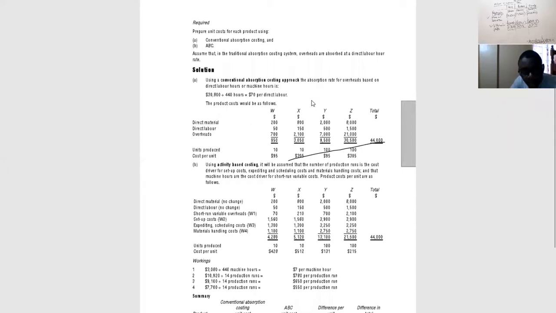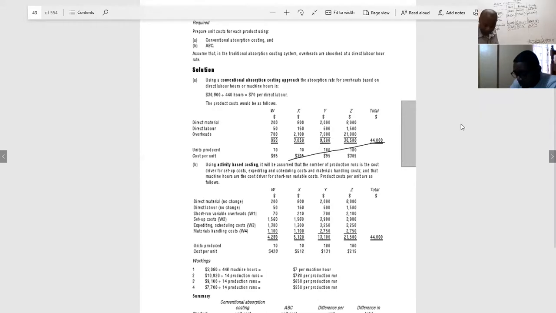Assume that in the traditional absorption costing system, overheads are absorbed at a direct labor hour rate. Now take me back to the question itself, that table. This is a question that I'll get everything without even knowing what I'm doing.